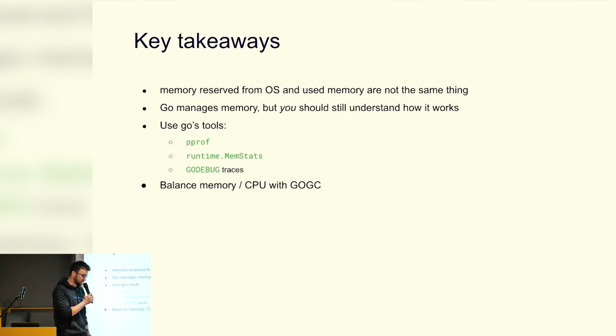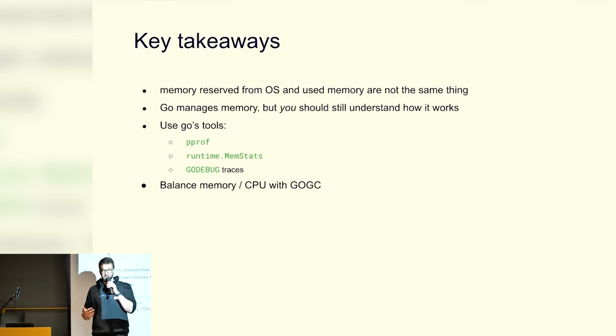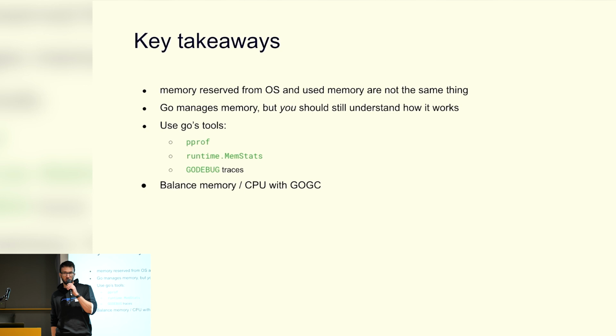And if the use case calls for it, you can use the Go GC environment variable to balance out the CPU and the memory usage in your programs, which is pretty cool. You can also set it to higher than 100, and it will proportionally request that much memory, right? So you can just request the whole memory of the container and keep it there and never free it.